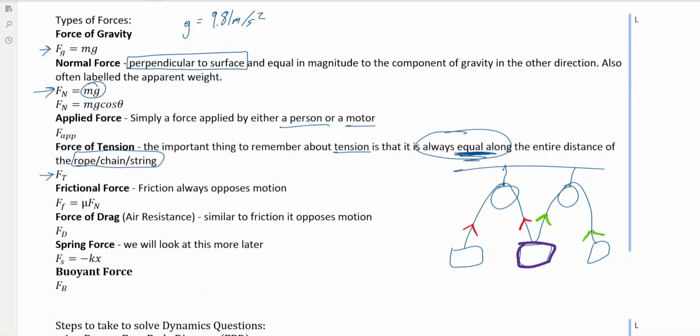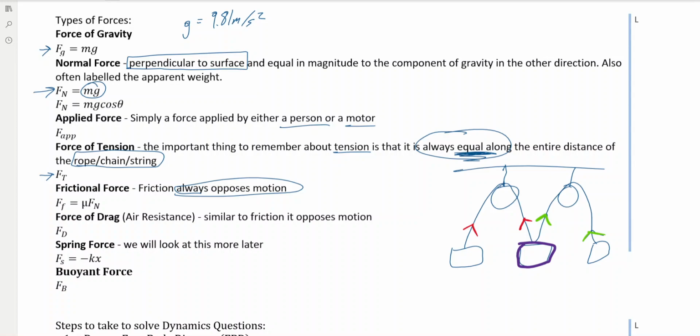Okay, frictional force. Friction always opposes motion. This is really important. Whichever way you're moving, not necessarily whichever way you're applying a force, but whichever way you're moving, the opposite of that would be the frictional force direction. And here is the formula for frictional force: it's mu times Fn.